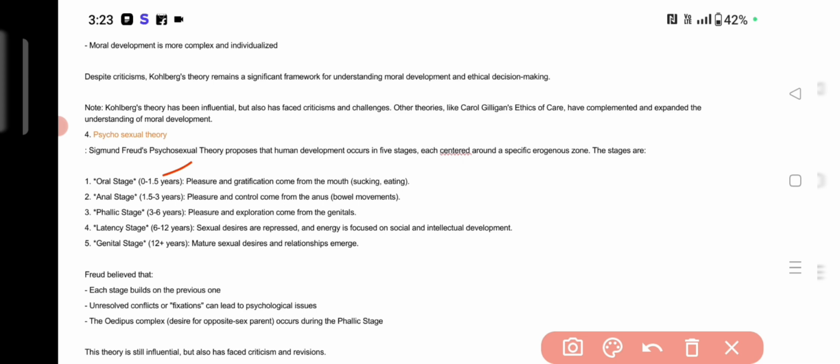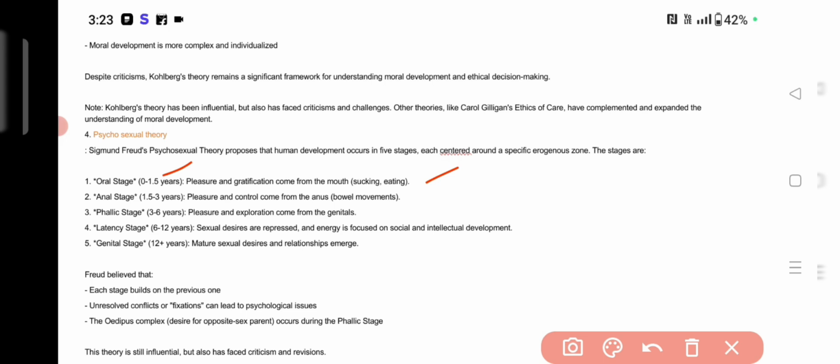So here the first one is the oral stage, which means from birth to 1.5 years. Here the baby gets pleasure through sucking, eating, biting, and then attachment styles like secure, anxious, and avoidant.